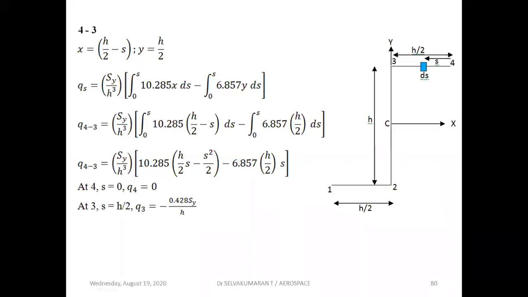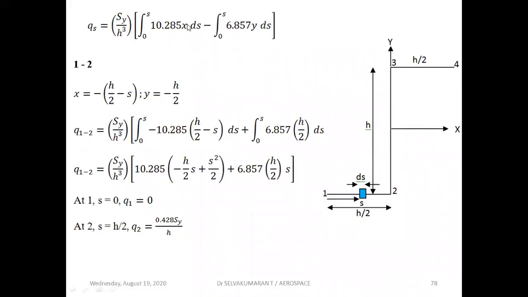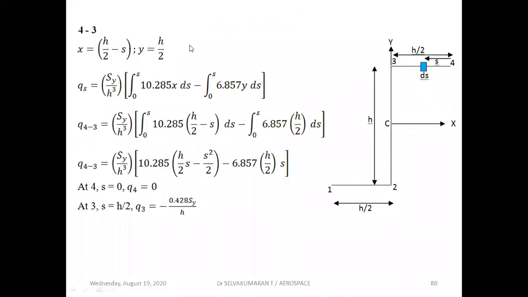At 4 we know very well shear flow is 0. So x is h by 2 minus s, and y is nothing but h by 2. Substitute in this expression. You have to bring it as a new expression starting from 4. So for 4 to 3, substitute x and y.